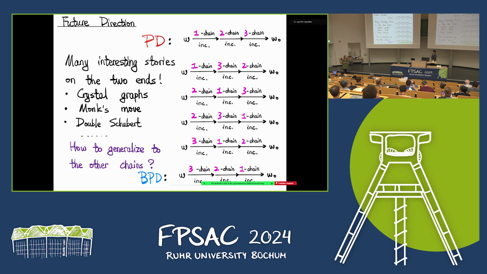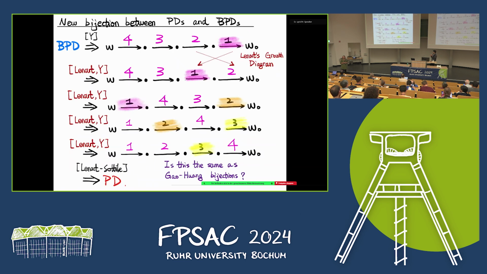I can define another map from hybrid pipe dreams to chains, such that their hybrid pipe dreams correspond to these chains in between these two processes. We just need to verify that their algorithm of swapping two adjacent rows happens to be the same as applying Lenart's growth diagram. That's what I believe should be correct. So I believe this bijection agrees with the Knutson-Udell bijection, which agrees with the Gao-Huang bijection.